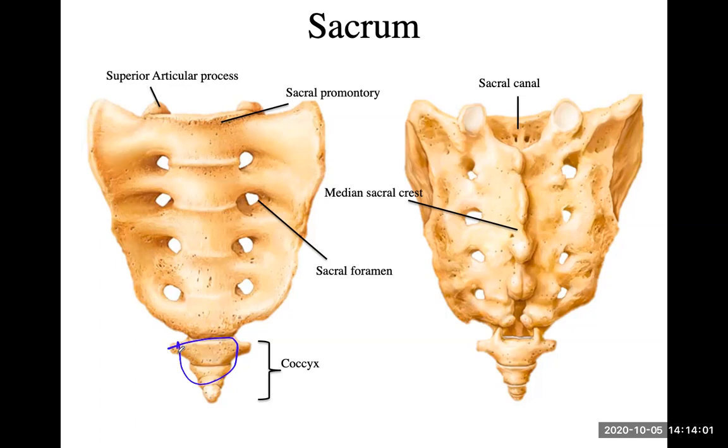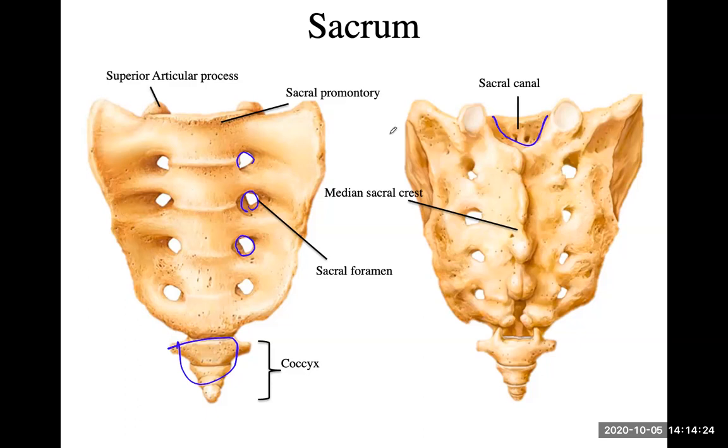So on your sacrum, you have the following structure. You have this kind of canal that is forming inside the sacrum called the sacral canal. You have multiple openings or holes on either side, left and right, called sacral foramen, if you're talking about one of them, or if you're talking about multiple, sacral foramina.